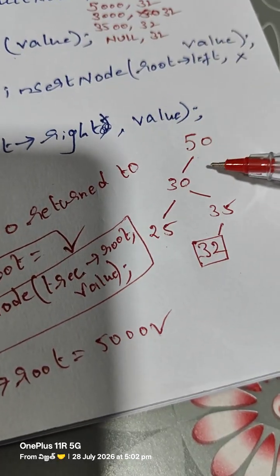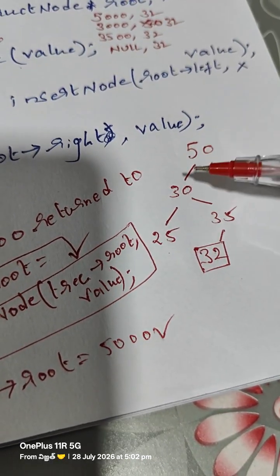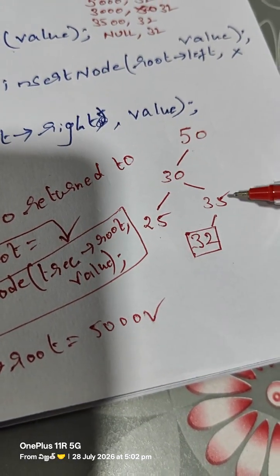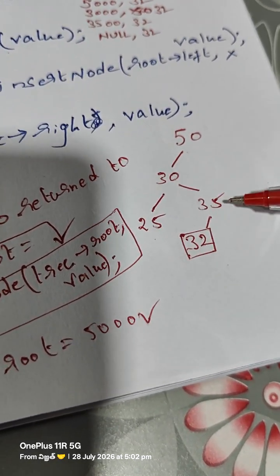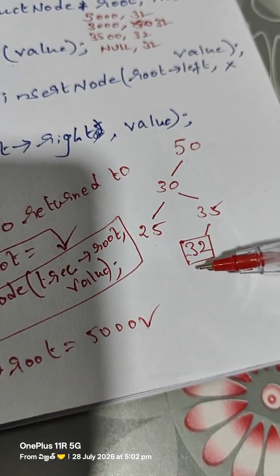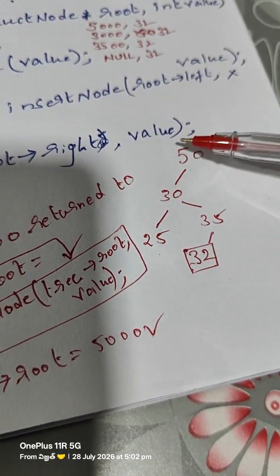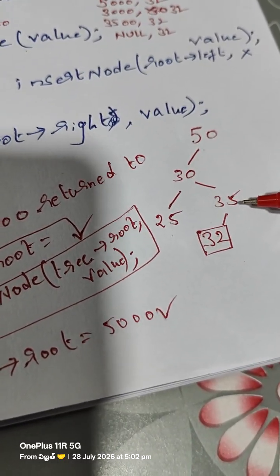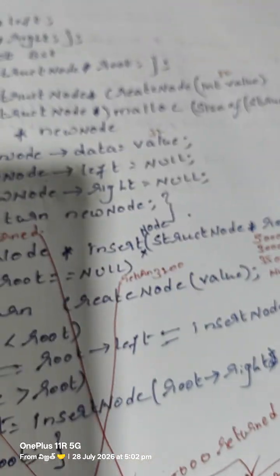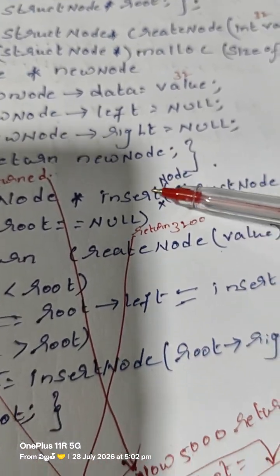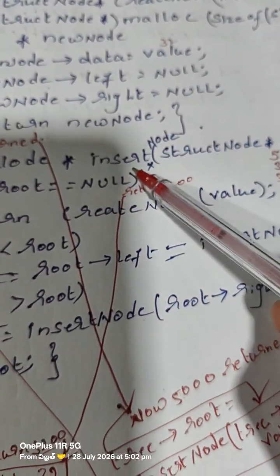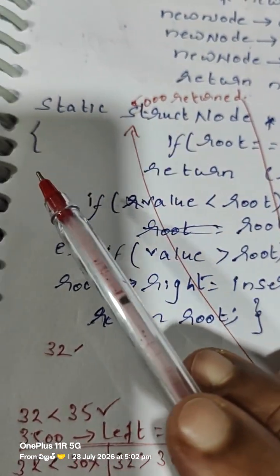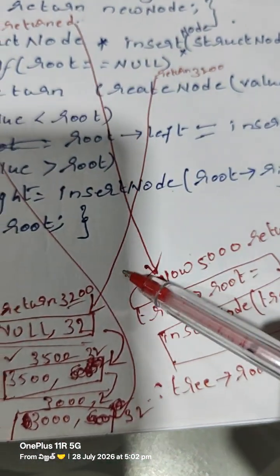That means from here you are going to insert now here. Again you are going to insert over here. Here, is there an empty place nearby? No. Now we are going to insert over here. So from here onwards the same function insertion has been called here, again here, again here.